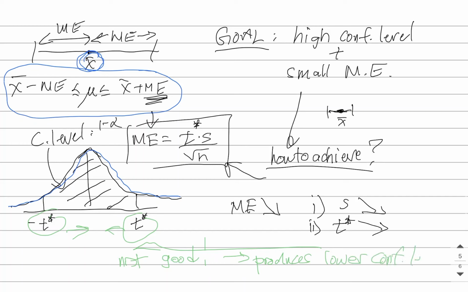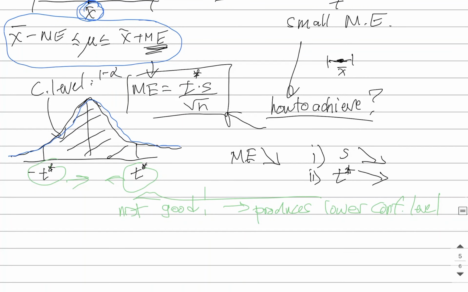You don't want that T value to drop, because if that T value drops, you've got less area in the middle, and that corresponds to our confidence level. So we do not want to do that. And finally, that tells us that the only way for this fraction to get smaller is if the value of n gets larger, a larger sample size.